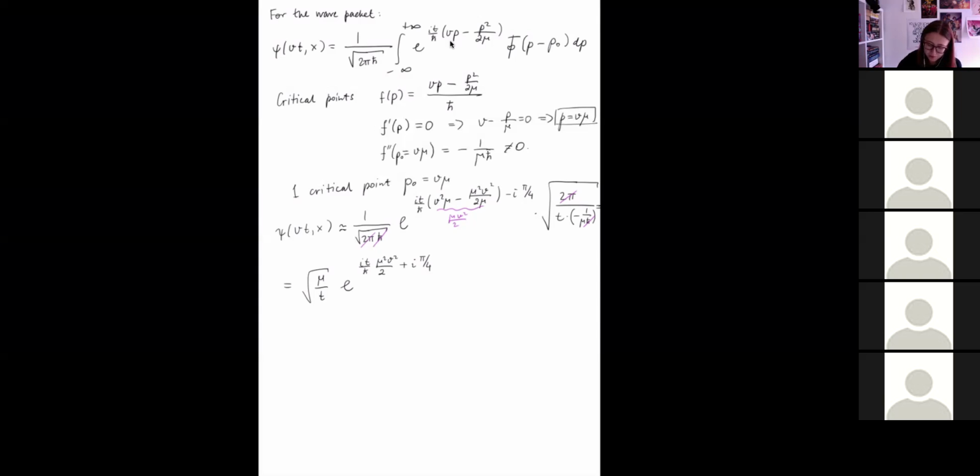Okay, but most importantly, what we got here is this behavior at t going to infinity. So the wave packet at t going to infinity, the wave function would behave as proportional to 1 over square root of t.